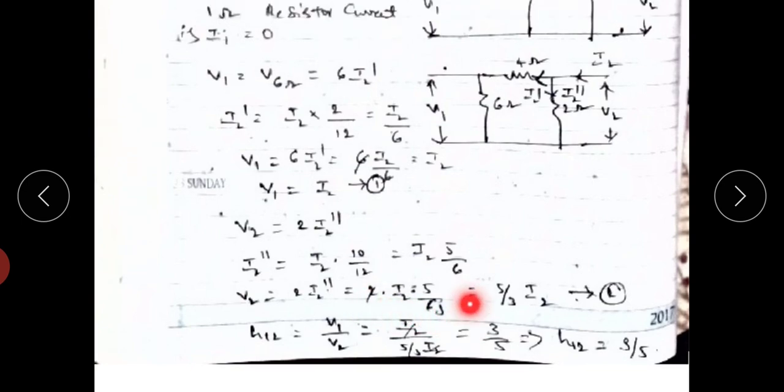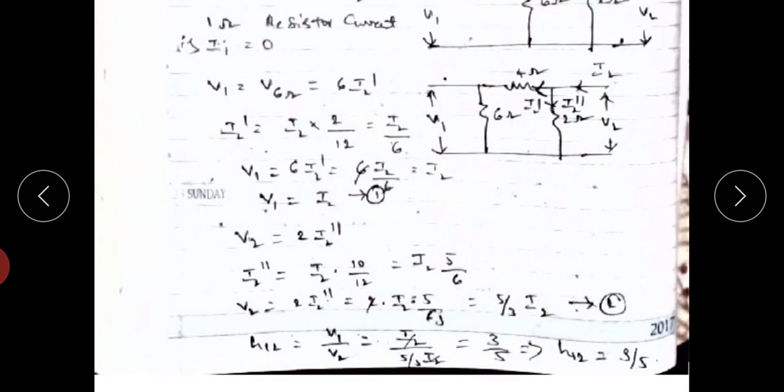So I2'' equals I2 into 10 by 12, which equals I2 into 5 by 6. V2 equals 2 into I2'', so 2 into I2 into 5 by 6, which equals 5 by 3 into I2, equation number 2.